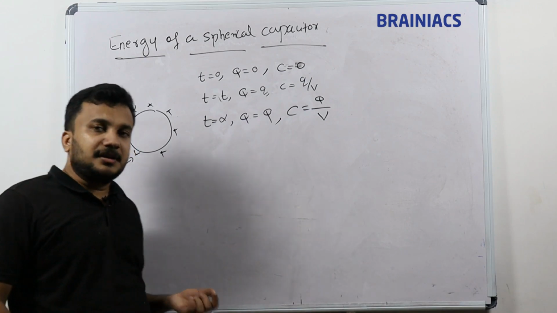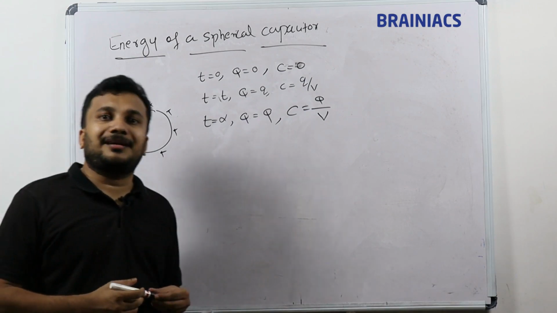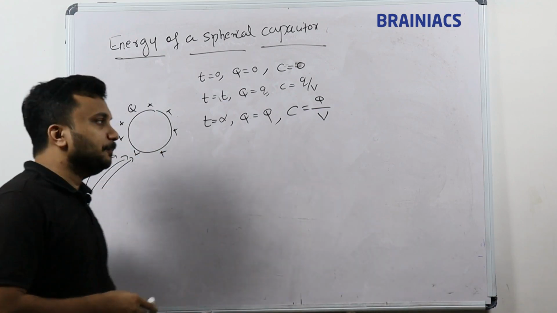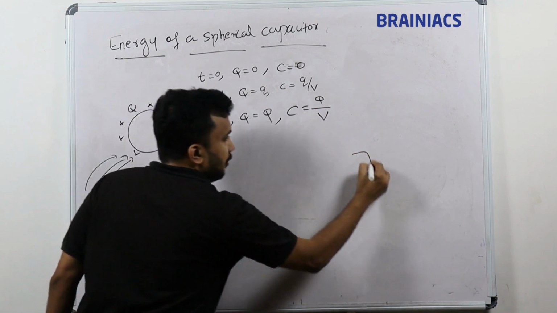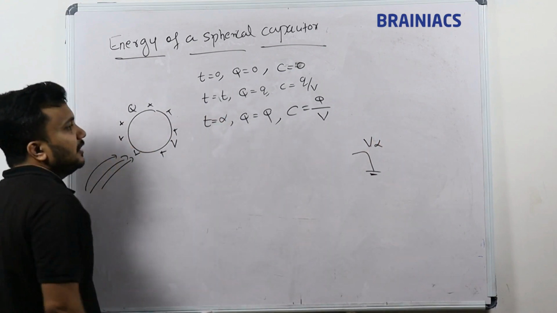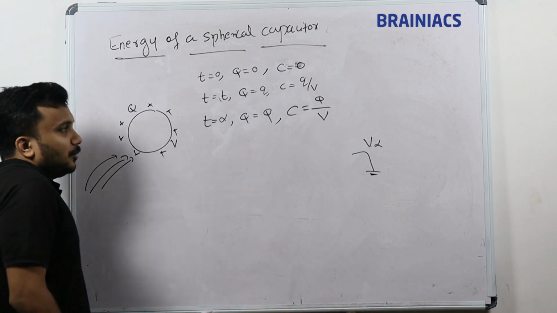Energy. Energy means the work done. In the case of a capacitor or potential, we have an infinite point here, infinity, and the voltage at infinity. So we are calculating the energy.